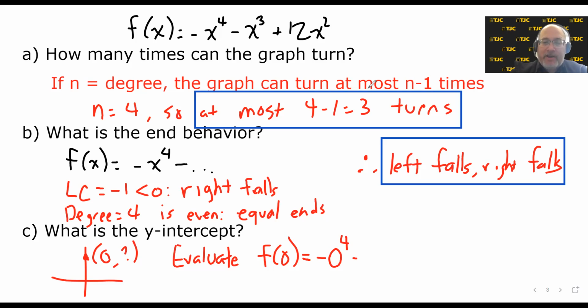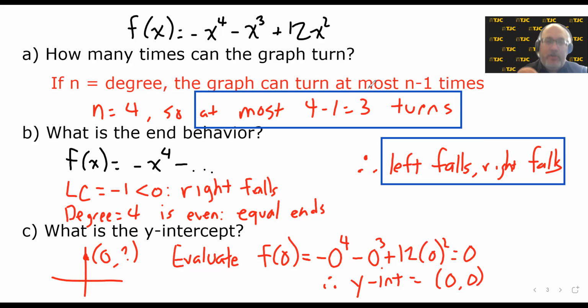Negative 0 to the fourth minus 0 to the third plus 12 times 0 squared. Well, we get 0, 0, and 0, and altogether it's 0. Therefore, the y-intercept is when we put 0 in, we get 0 out. Our graph will go through the origin.